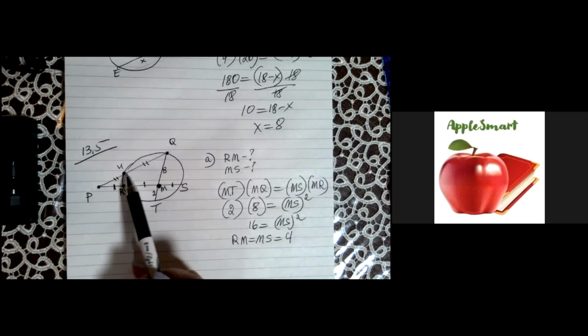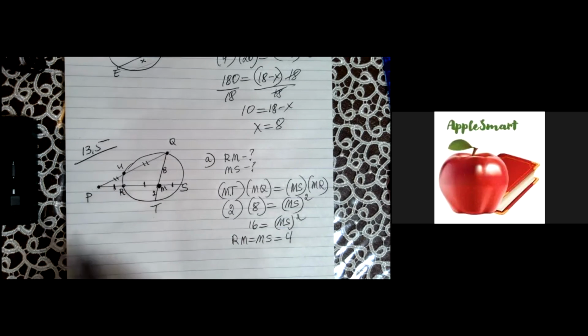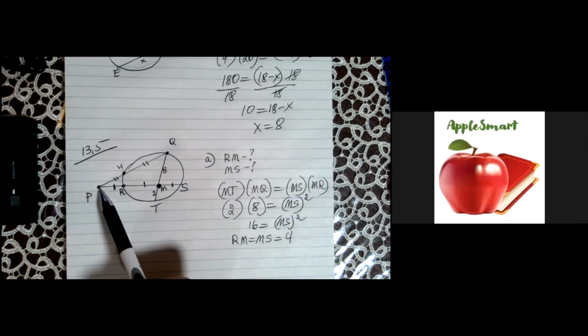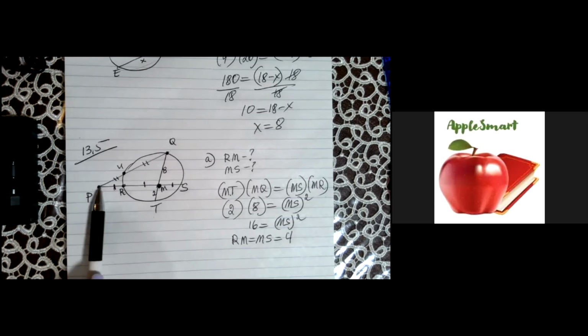By the way, PU in this case is the same as UQ, they told us, right? And they're suggesting we use the knowledge that we got from 13.2. And in 13.2, we said that the whole secant squared will be equal to PU times UQ.